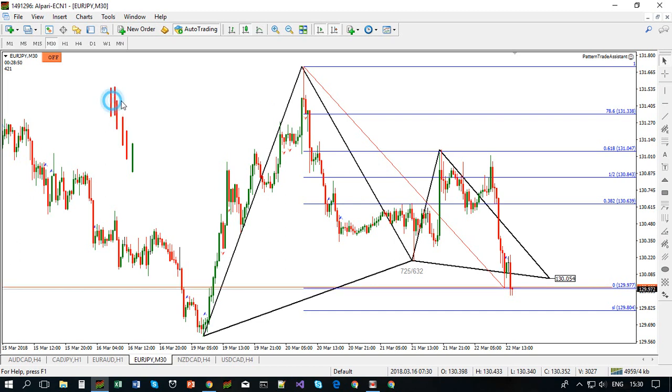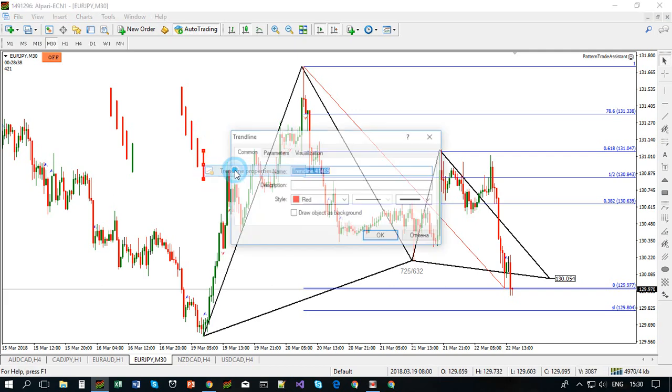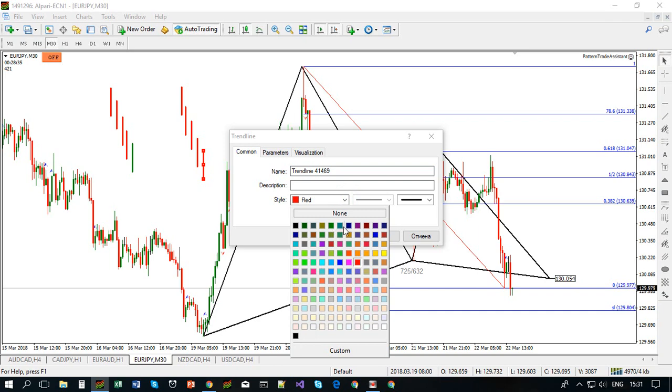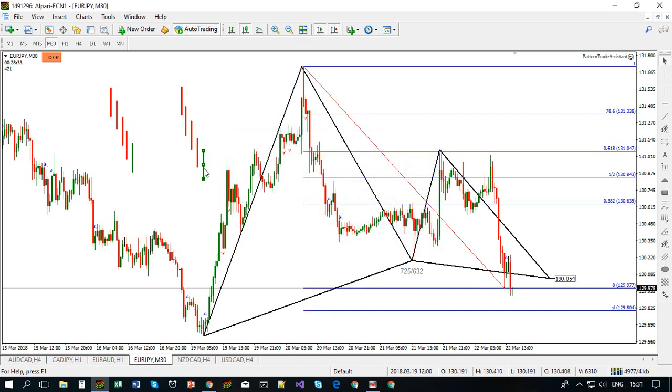Situation number 2, another pattern that I use to enter, I call them minor patterns, is this. Sometimes this candle does not have a lower low as it has in the first example. It doesn't have a lower low. It is somewhere in the middle, an inside bar, something like this.